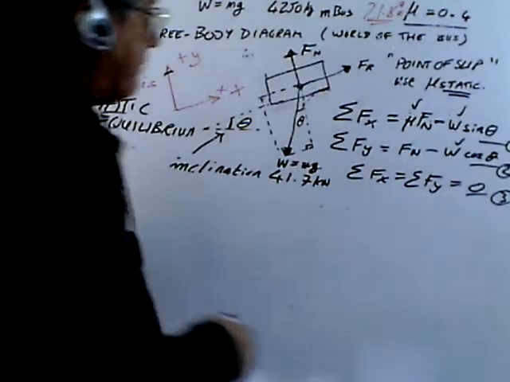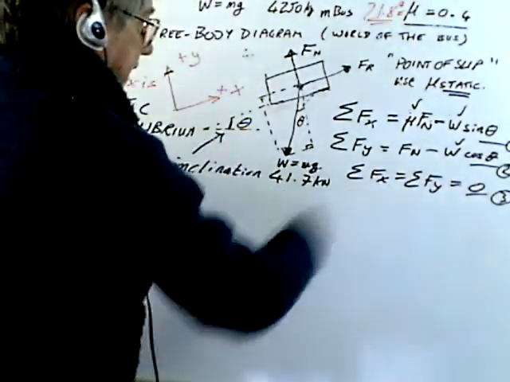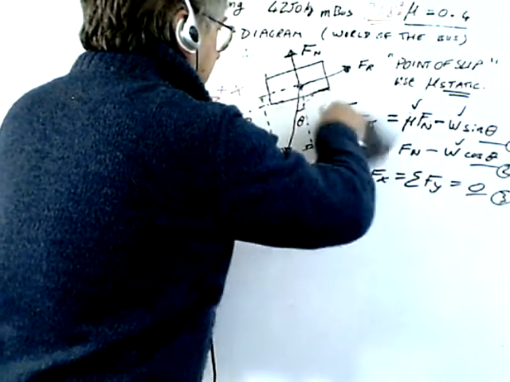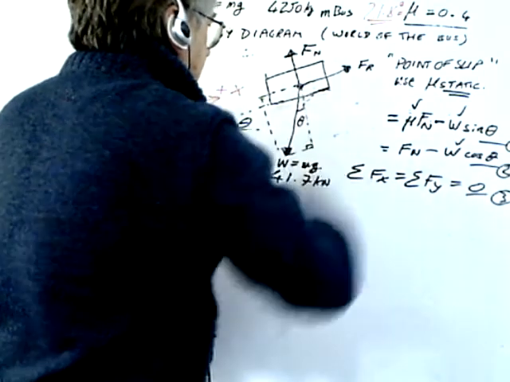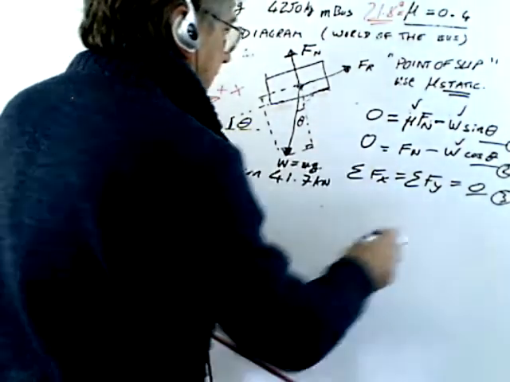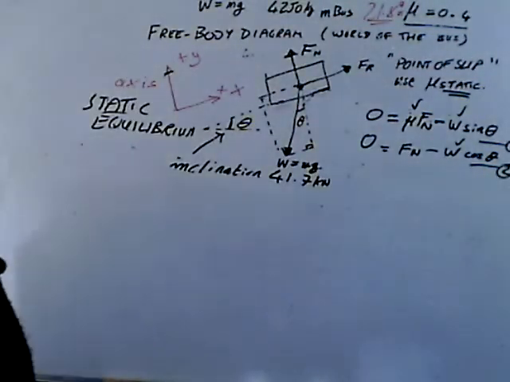So let's simplify that. I'll rewrite all these and I'll just put them as 0. There you go. 0, 0. So I'm using equation 3, okay, and I'm eliminating all that. So now reduced to these two equations.